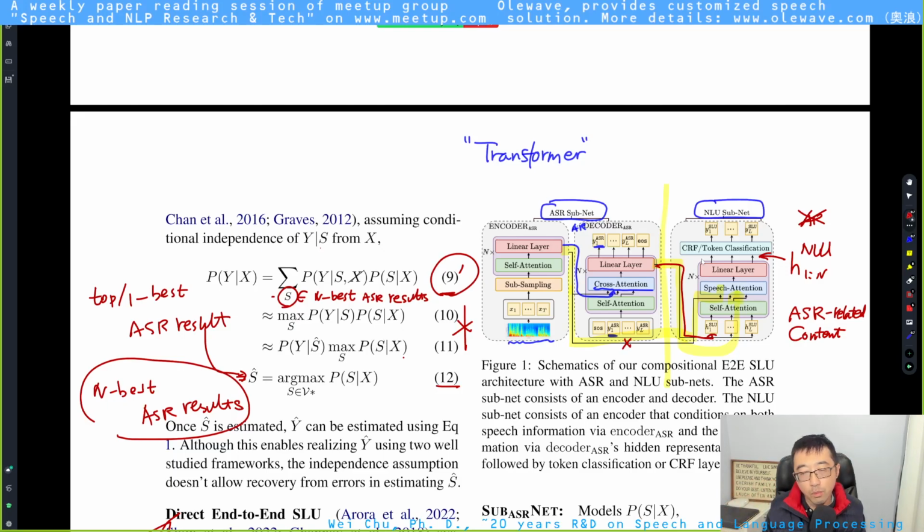I think Professor Watanabe from CMU mentioned that this could be suggesting that intonation of the speech may help for NLU. For example, I would say, I like soccer. Or I can say, I like soccer.